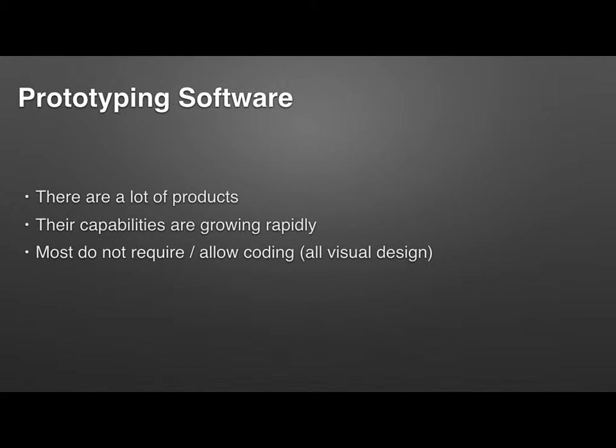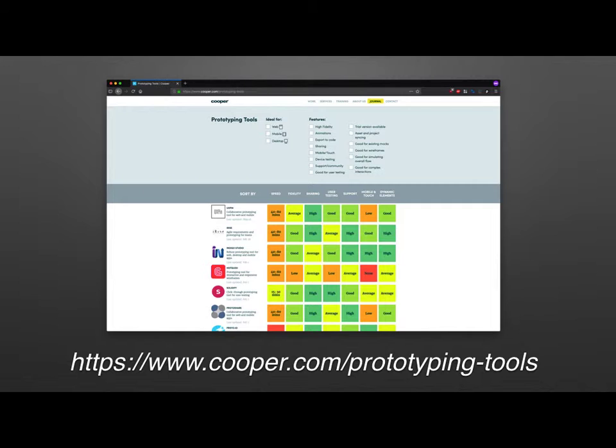So a lot of products, capabilities are rapidly growing. And I should say, again, a year or two ago, it wasn't the case that you could add code to a lot of these and customize them in the way that you can now. But things are really changing rapidly in this area. So a lot of products.